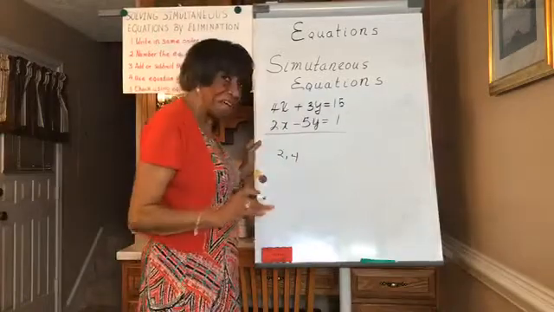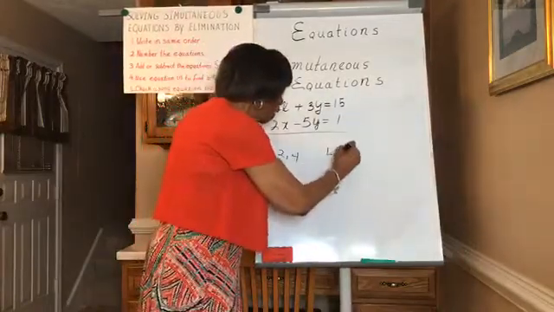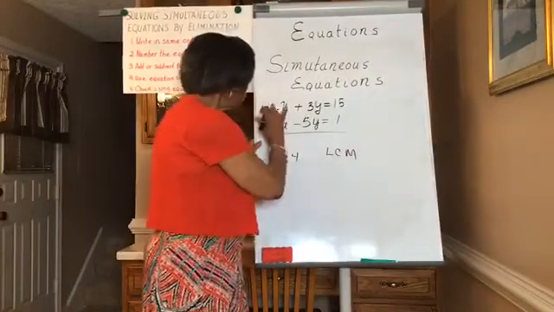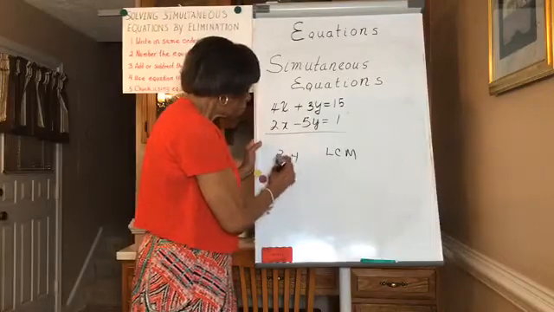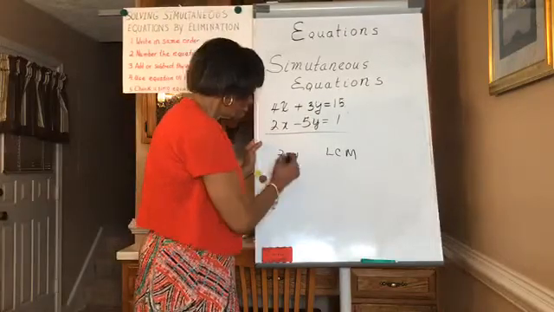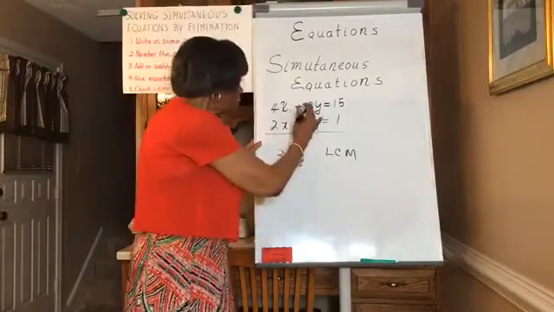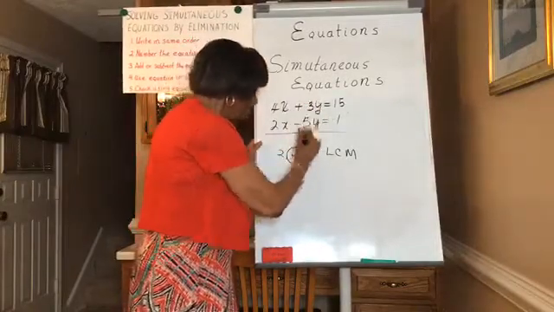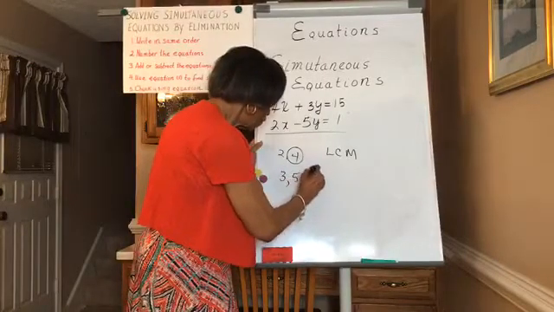Now, what did I say? I found the least common multiple of the coefficients of my variables. The least common multiple of 2 and 4 is 4. The least common multiple of 3 and 5 is 15.